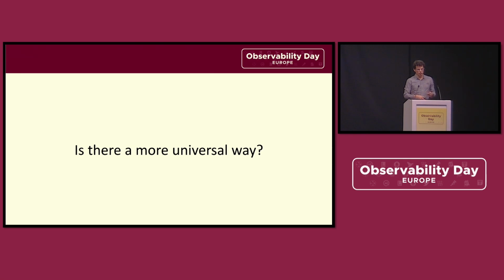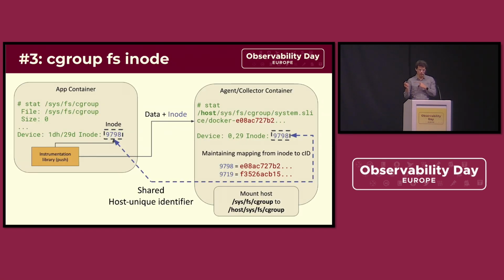So the solution that we came up with is this one. Actually, if you look inside your application container at the sysfs cgroup file, this file has an inode. And if you look on the host at the full path, similar to the one you were getting in cgroup v2 in your procfs cgroup file, you would see that these inodes are actually the same, because it's actually the same file or directory.